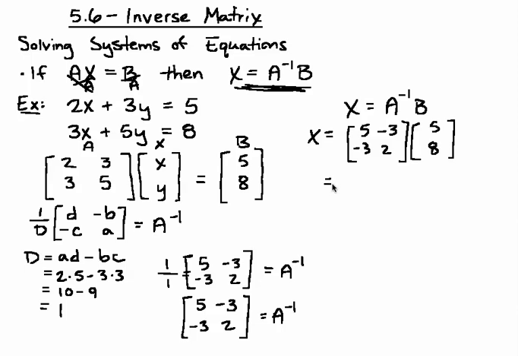And when we multiply, we are multiplying the first row times the column, 5 times 5 plus negative 3 times 8. And remember, this is in matrix form. That's our first entry. And our second entry, negative 3 times 5 plus 2 times 8.